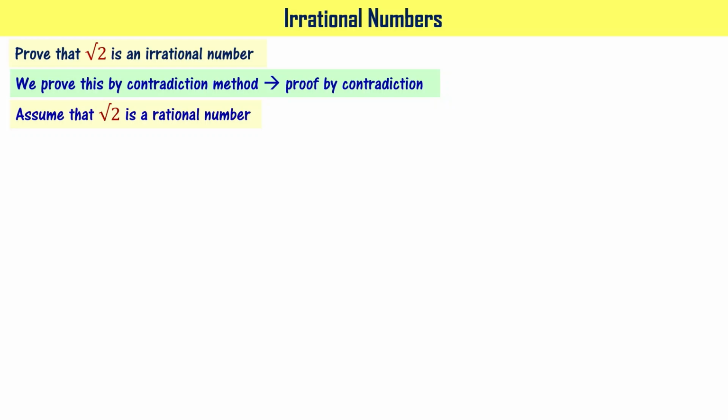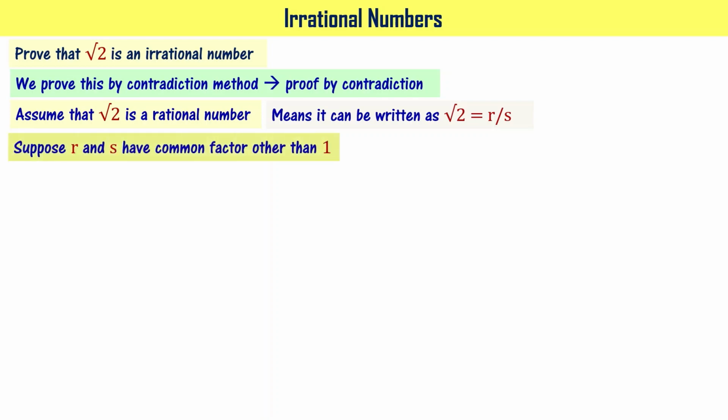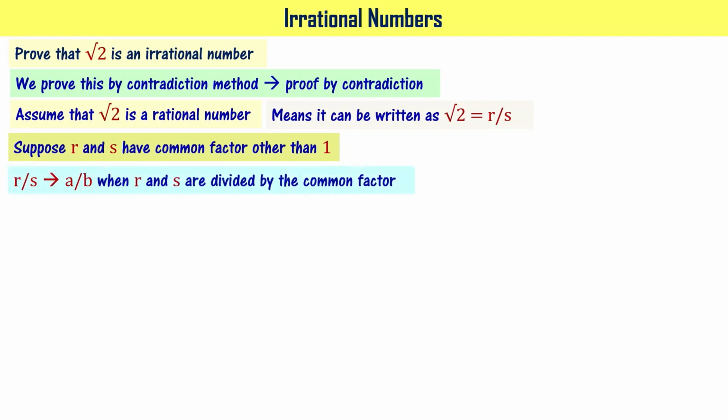Since I said that root 2 is a rational number, I can express it as a ratio of two integers, r and s, right? Root 2 equal to r by s. If r and s have a common factor other than 1, then I can divide r and s with that common factor such that I can write it as a by b.